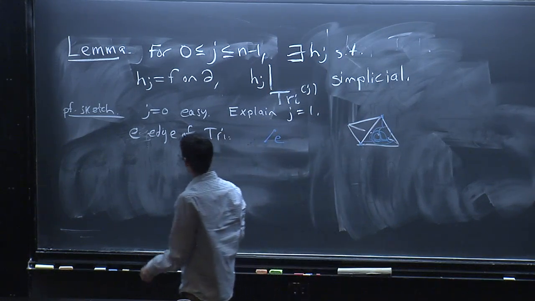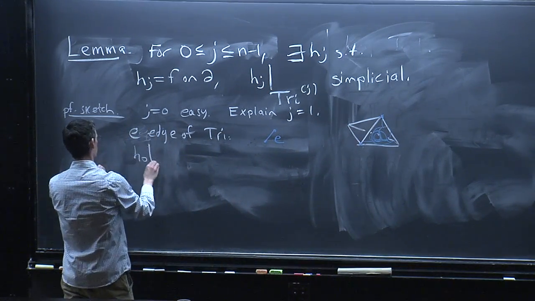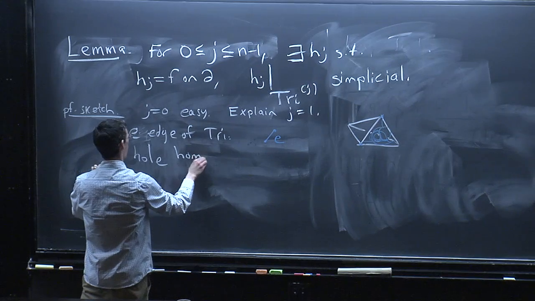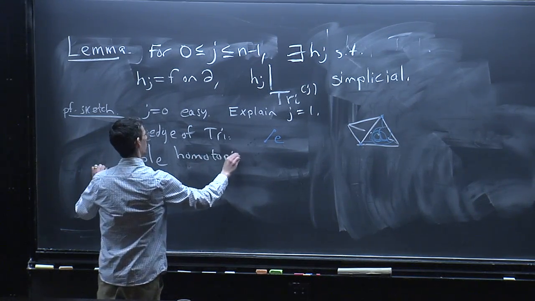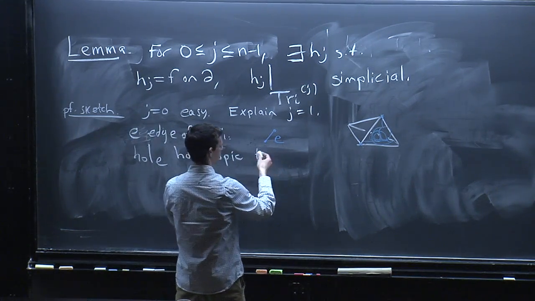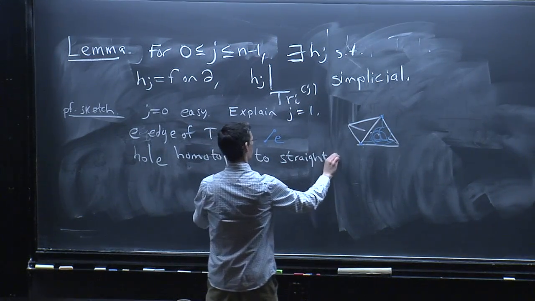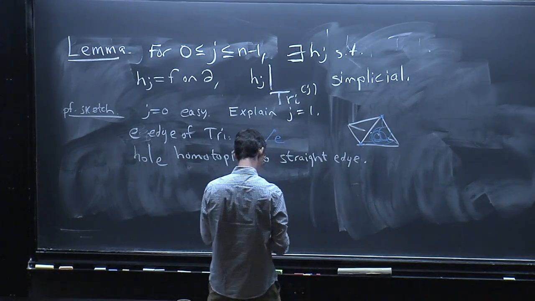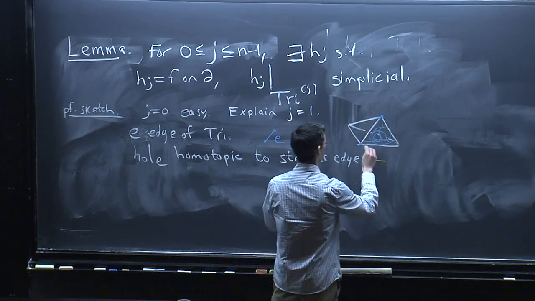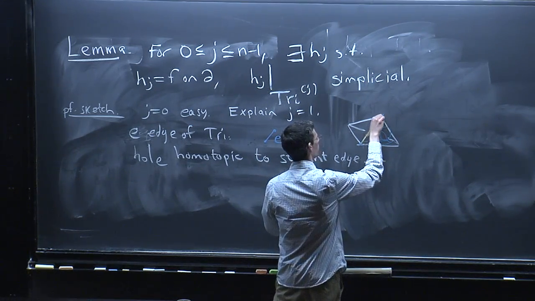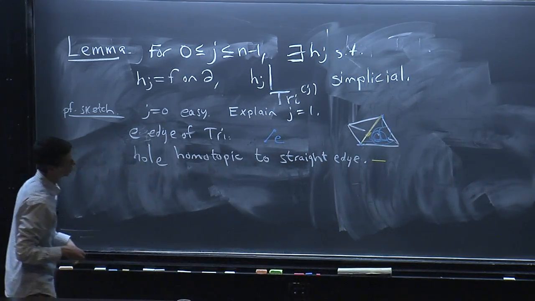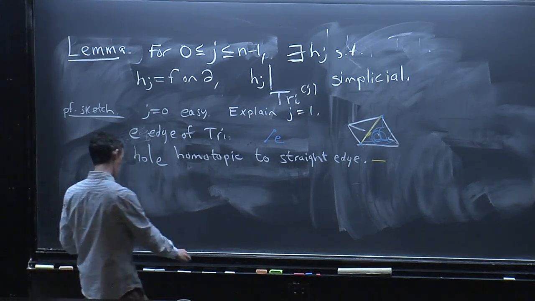So H0 restricted to E is homotopic to just a straight edge. I do that for every edge.